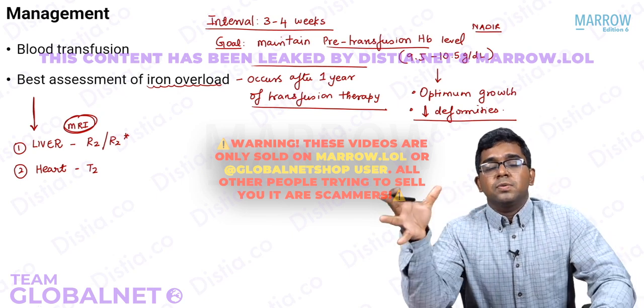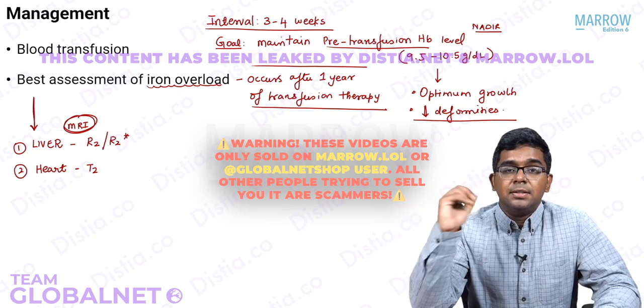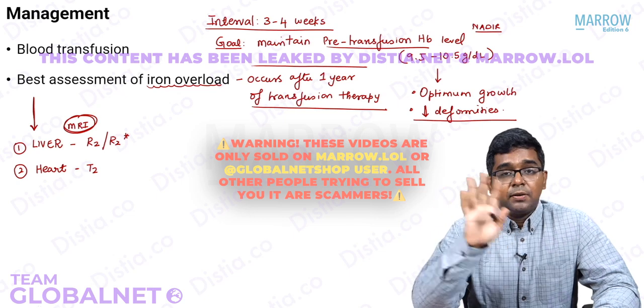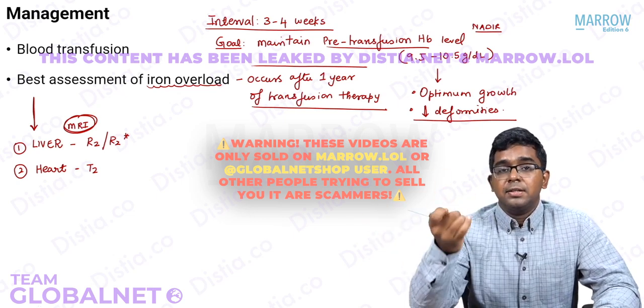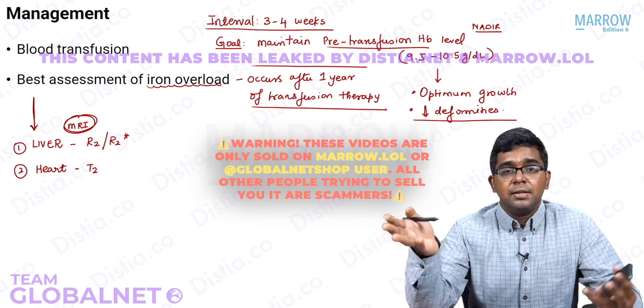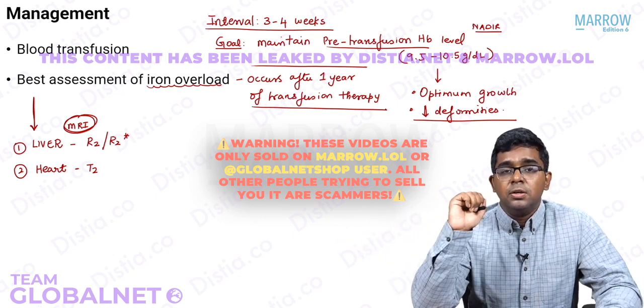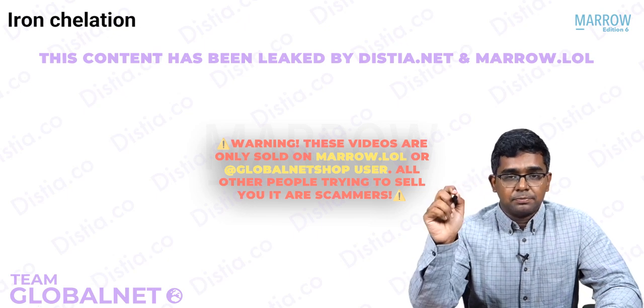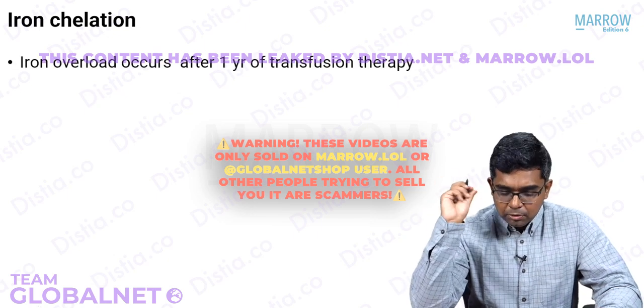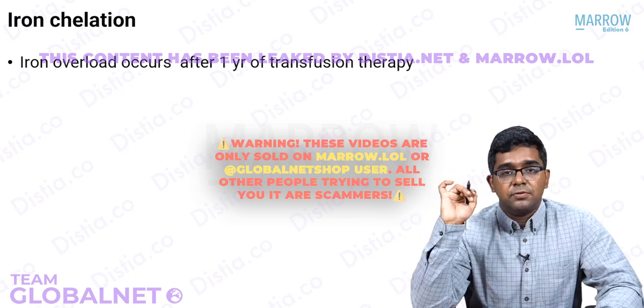So now the next question obviously is how to tackle this iron overload, because I said if you don't check iron overload, the child can develop problems. Even if the heart is affected, it can go into cardiac failure, and that can result in death also. So a very, very important part of management is iron chelation. As I said, iron overload usually occurs after 1 year of transfusion therapy.